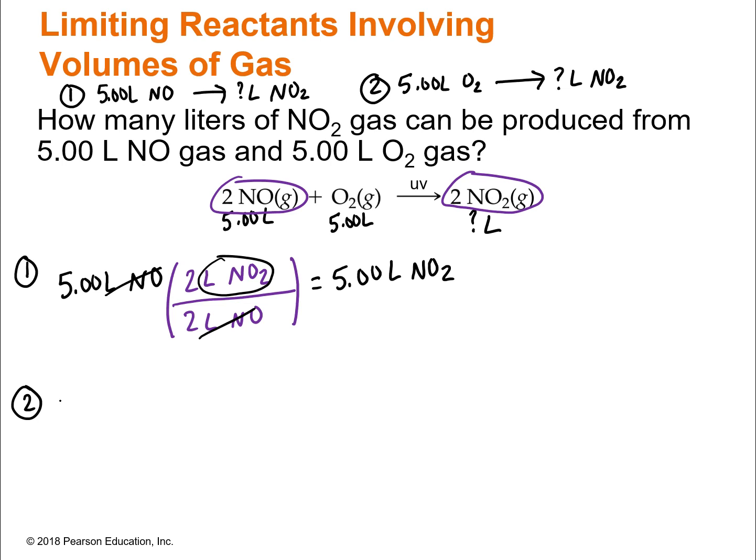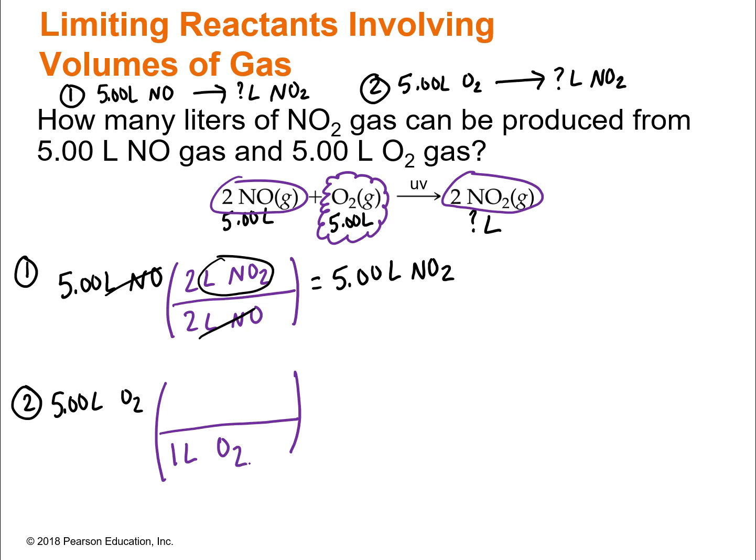Second part, we're doing the same thing, only with oxygen. Oxygen doesn't have a coefficient in front of it, so we just say that it's 1. Coefficient in front of the nitrogen dioxide is 2.